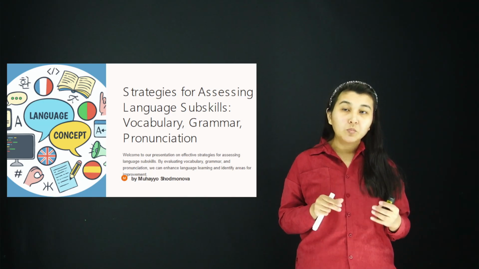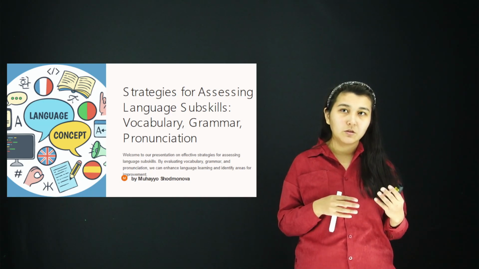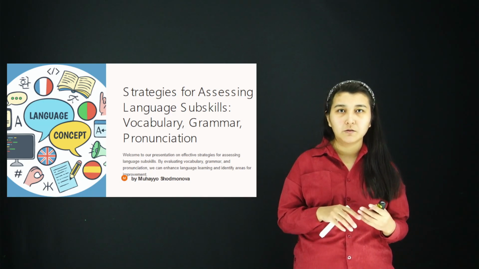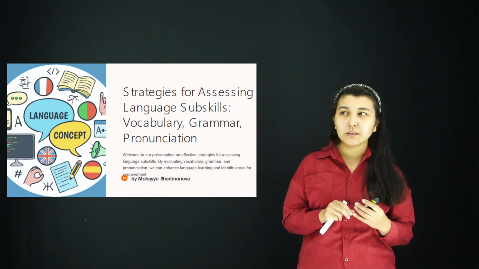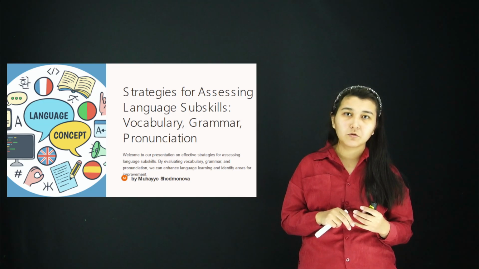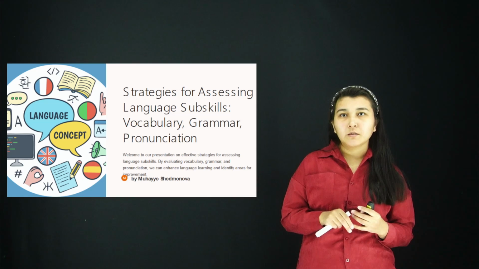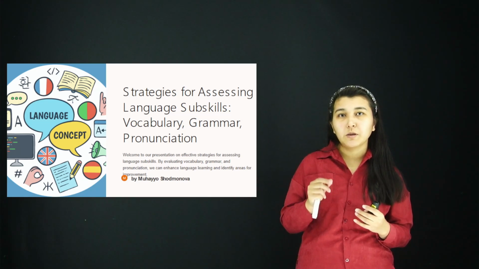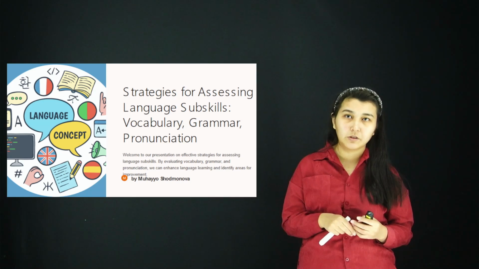And you can improve, of course, your four skills, as I mentioned: listening, reading, speaking, and writing. And assessing these language subskills is crucial for teachers and, of course, for our pupils. And there are some ways and some specific methods to assess this kind of subskills.